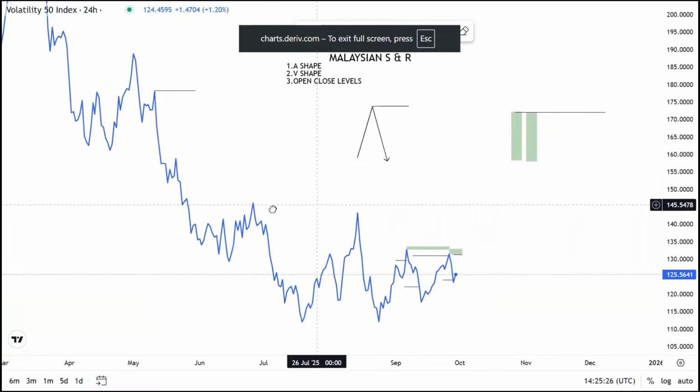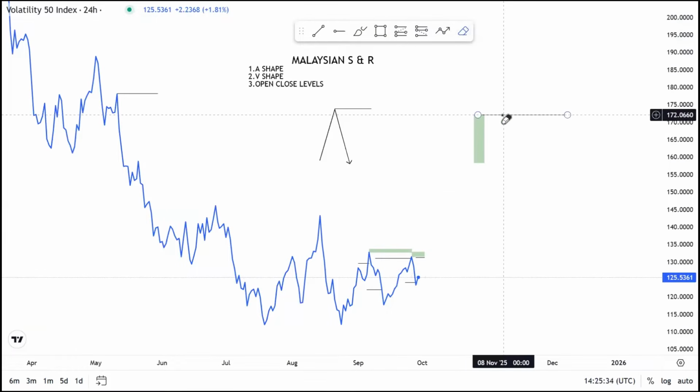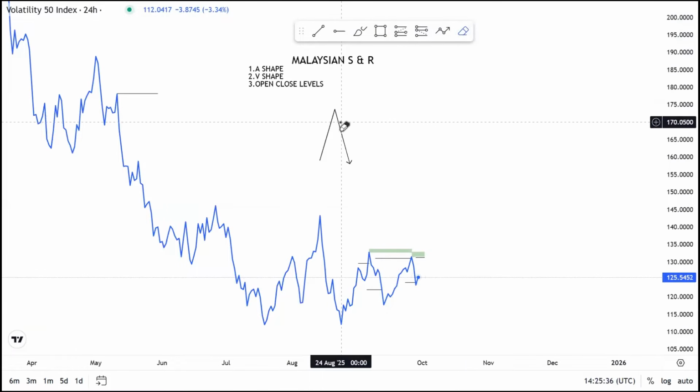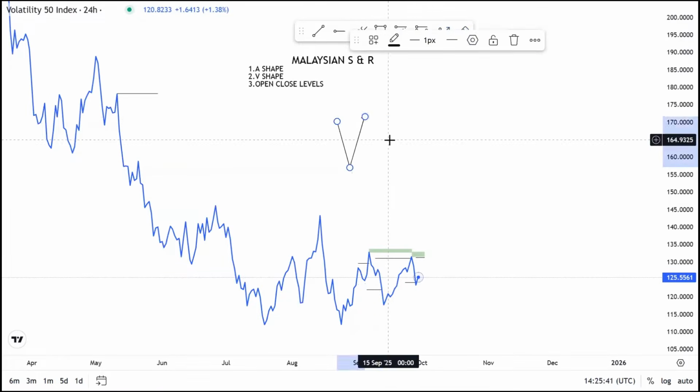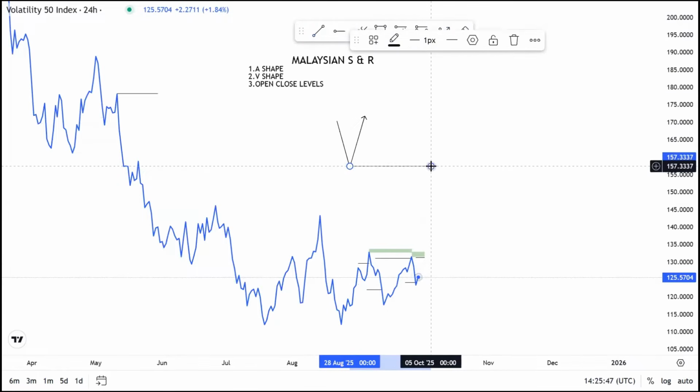Now, what is your V-shape level? From the word V-shape level, we're talking about something like this. This is your V-shape level. This V-shape level is also known as your support level, right?